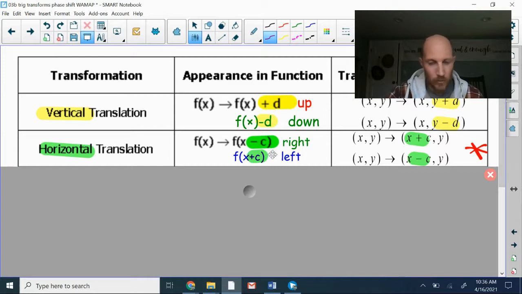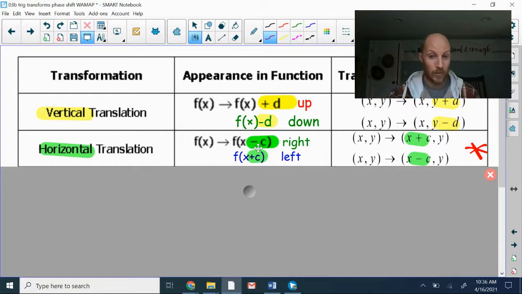So we already learned about this: it's inside the parentheses. That's one of the ways we recognize that it is horizontal. It's going to be inside those parentheses after the word sine or cosine, after that function name. And then there'll be a theta or an x or whatever variable we're using. If after that variable, theta or x or t or whatever, it says plus a number or minus a number, that's going to move the graph either left or right.